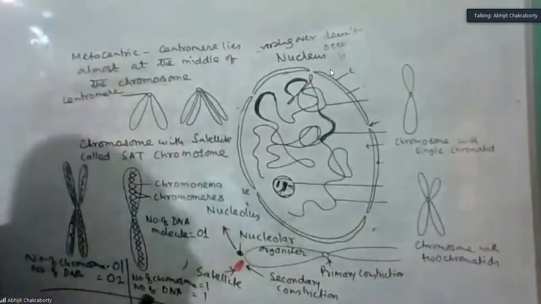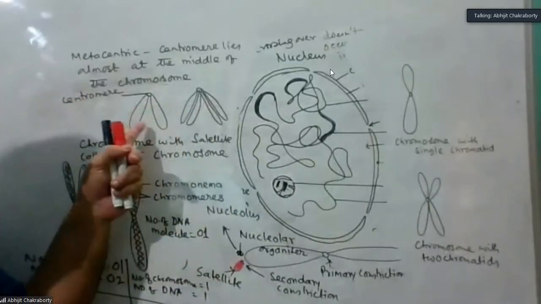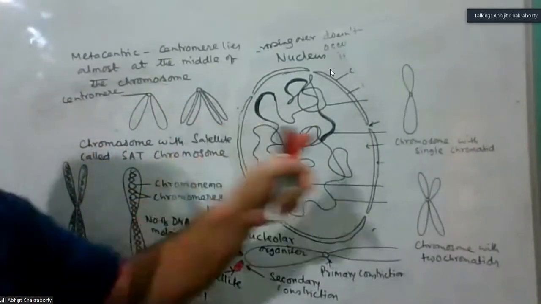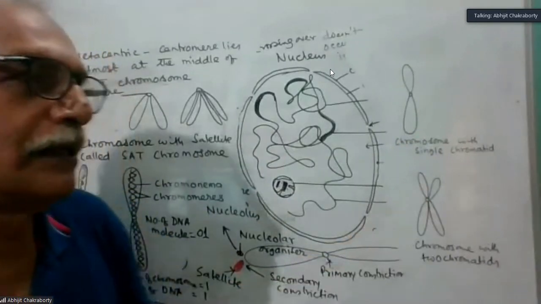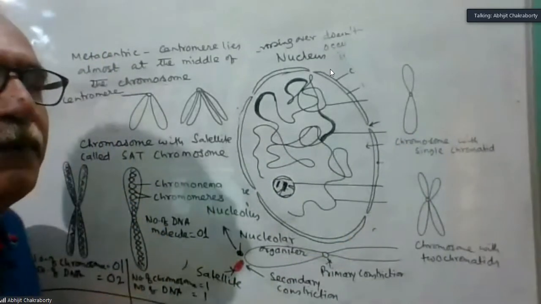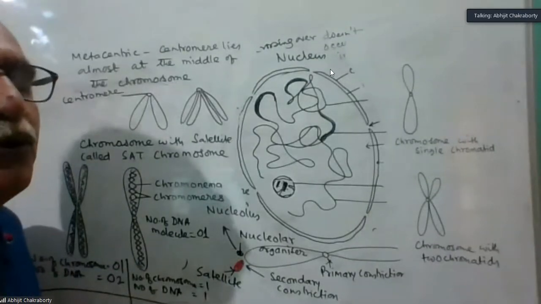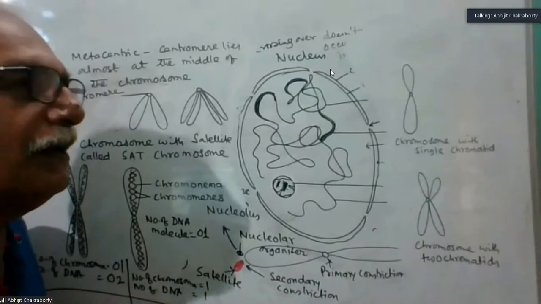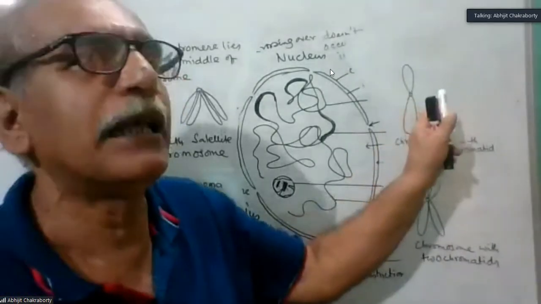See, are you understanding this? This is a chromosome with single chromatid. We went earlier through chromosome with single chromatid and chromosome with two chromatids. During prophase stage, chromosomes are found to be with two chromatids. In the metaphase also, chromosomes are found to be with two chromatids. But in the anaphase stage, when division of centromere occurs, chromosomes are found to be with single chromatid.